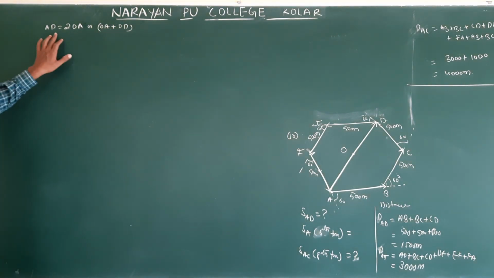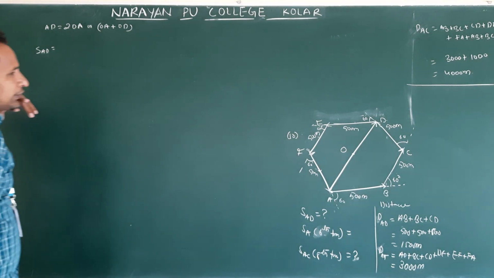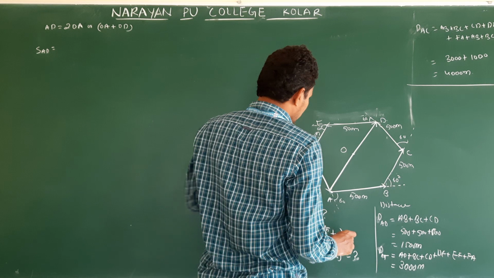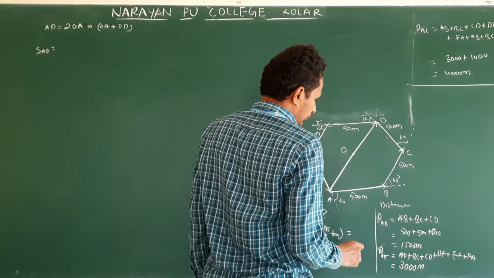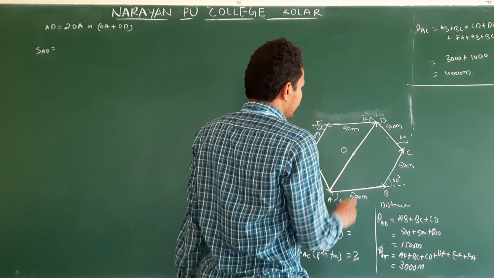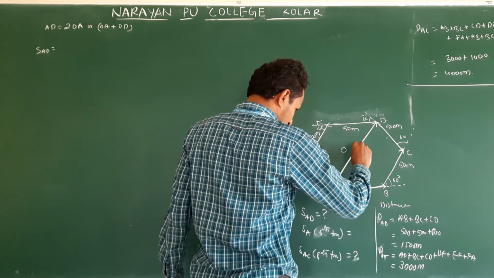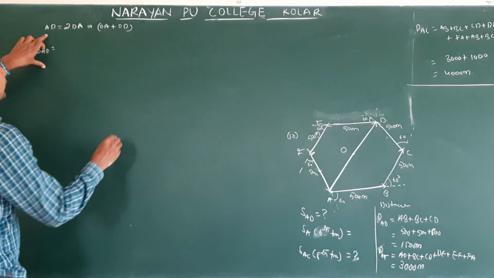I will give this proof in competitive exams. Till then, you take it directly. This is a polygon with equal lengths, and we require OA, AD.